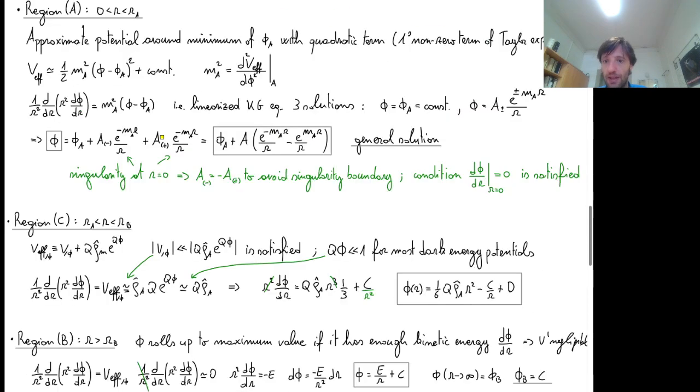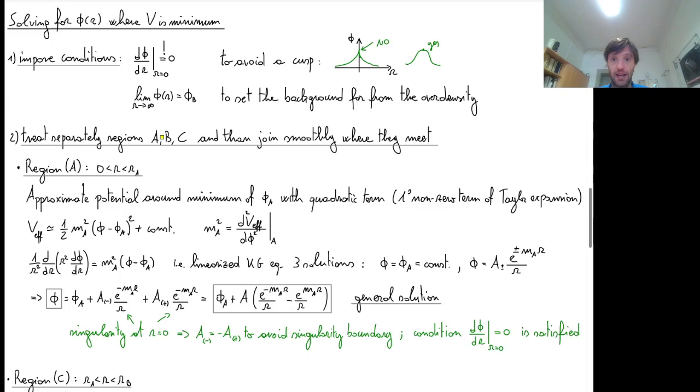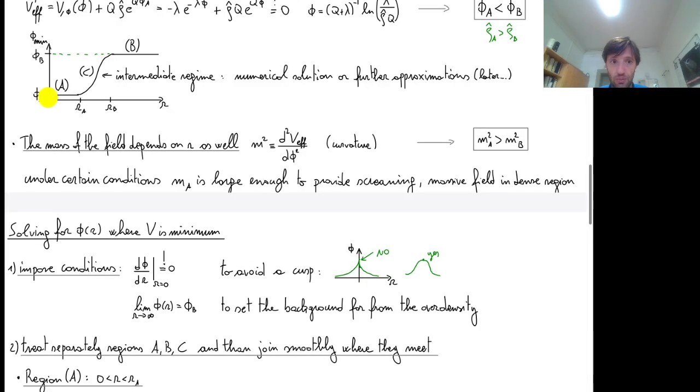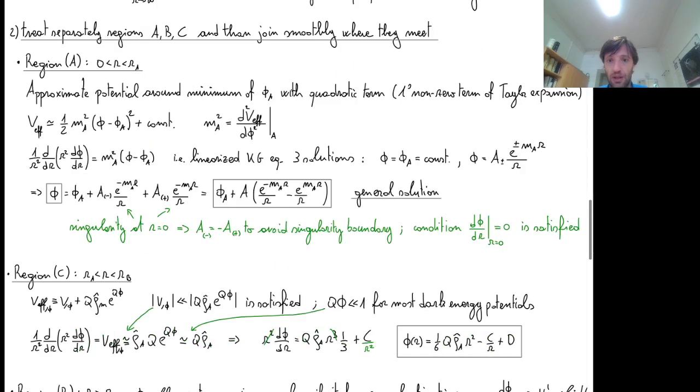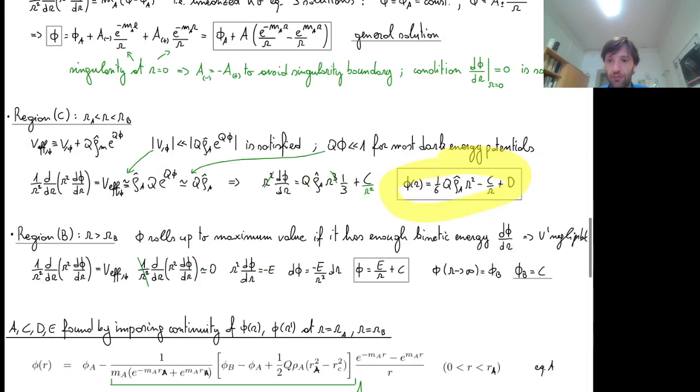So we have split the entire solution, which would tell us how phi behaves from the center, through the intermediate regime, and into the outskirts, into three distinct patches. The three solutions are this one for the part inside the body, this one for phi in the intermediate regime, and this one outside the body.